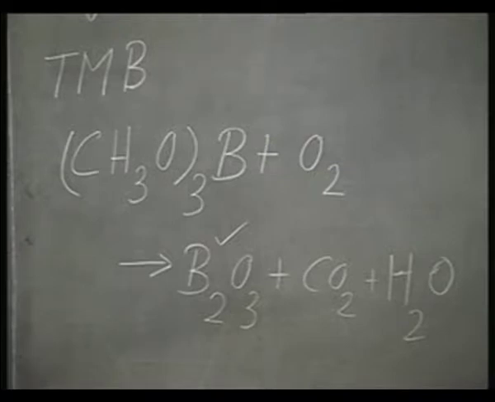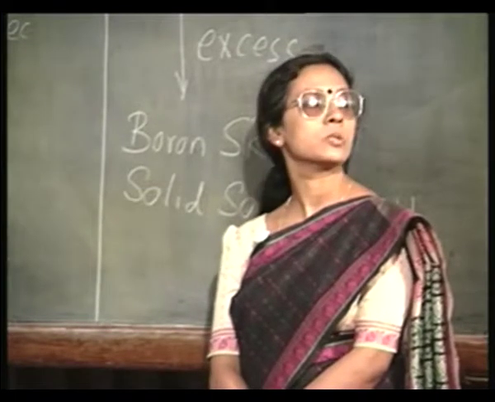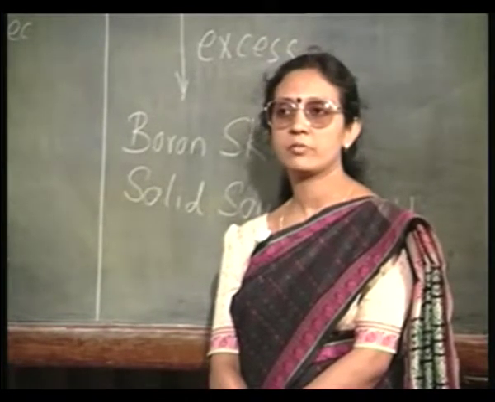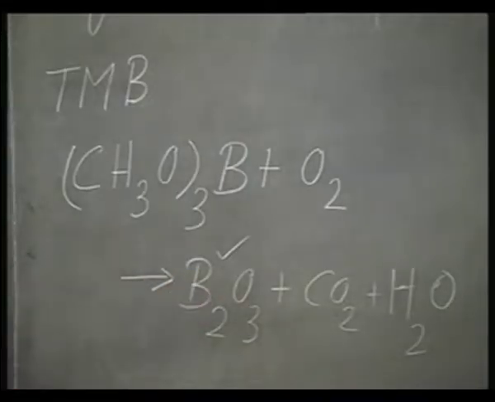So, this trimethyl borate is a liquid source. What you can do is you can take this liquid in a container, pass oxygen through that, so that at the output of the container you have oxygen saturated with trimethyl borate. Then at the mouth of the furnace, this oxygen will react with the trimethyl borate to release B2O3, and then this B2O3 can go and react with the silicon sample to form silicon dioxide and boron, which will be incorporated into the silicon sample.